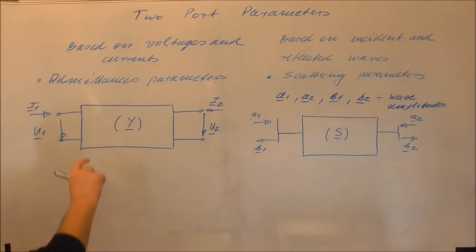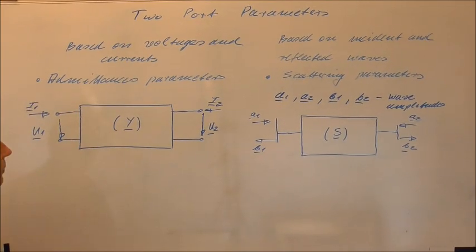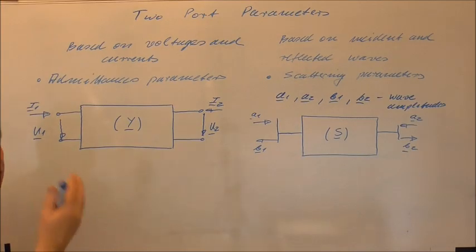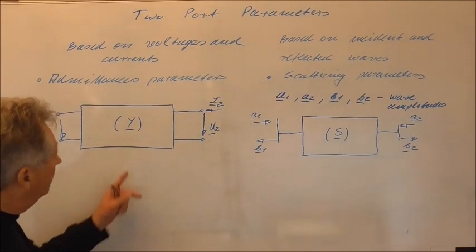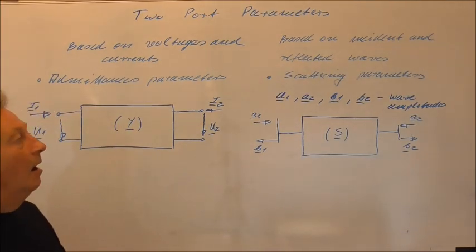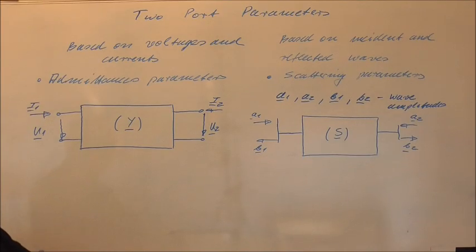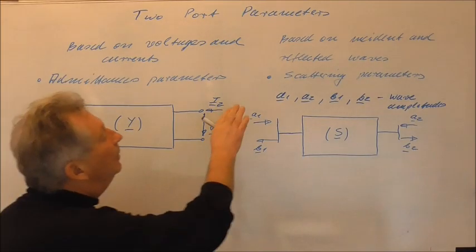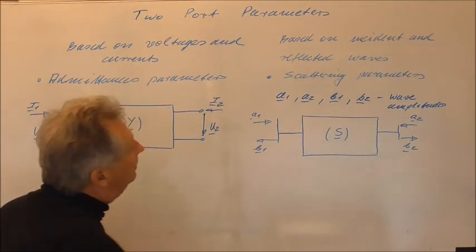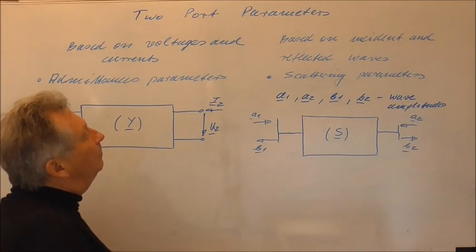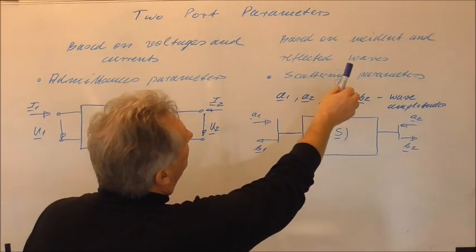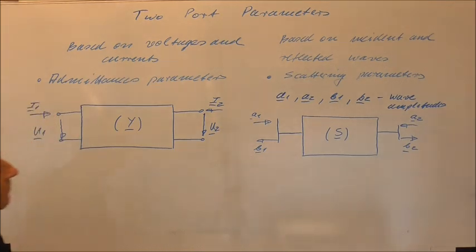Normally, we will also, for example, describe the behavior of a transistor with Y parameters, but then they are only valid for small signals. On the other hand, we have the so-called scattering parameters, and these scattering parameters are based on the incident and reflected waves.